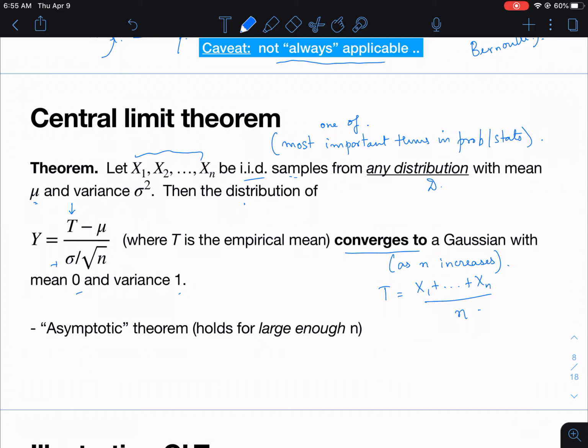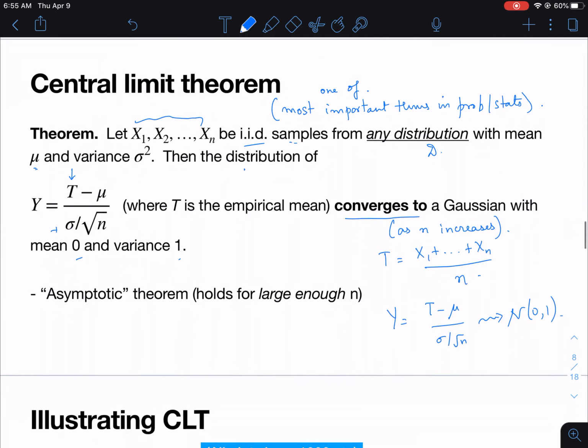And it's talking about this other estimator, which is T minus mu divided by sigma by root n. Seems a bit weird, and it's saying that this converges to N(0,1). Let me plot it with some graphs so that you at least know the exact meaning of this, and then we'll come to the interpretation.